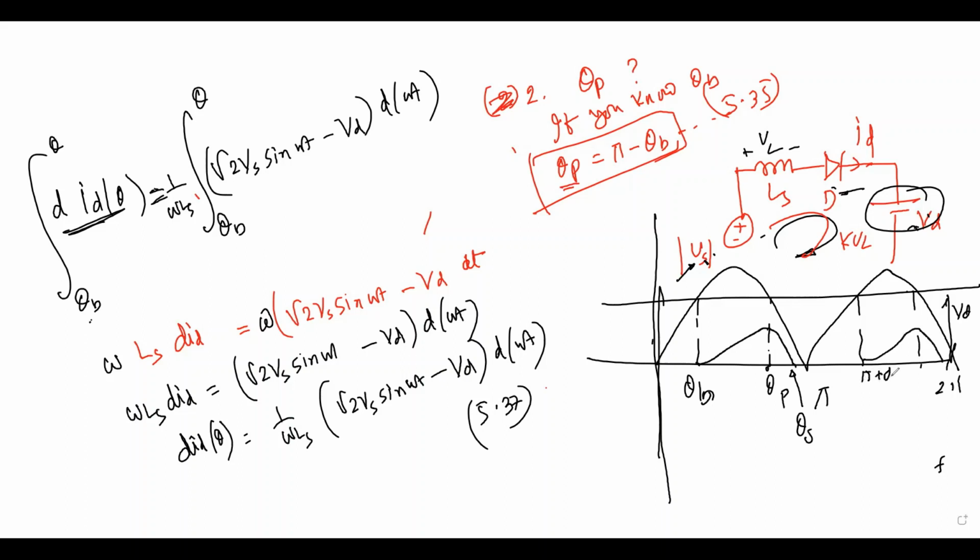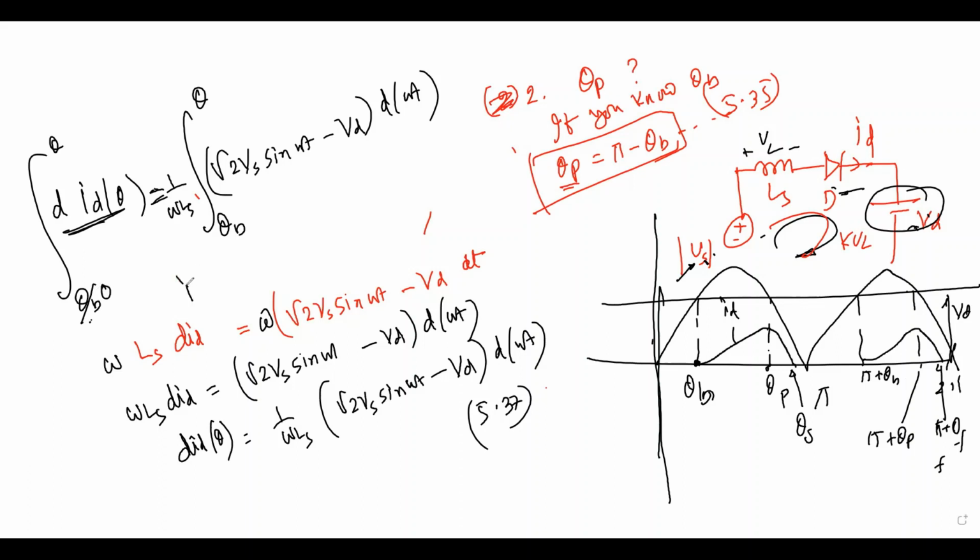Pi plus theta b, pi plus theta p, and this will be pi plus theta f. So this is iD we want to find out. So what is the current at theta b? 0. Okay, so here we can put 0.